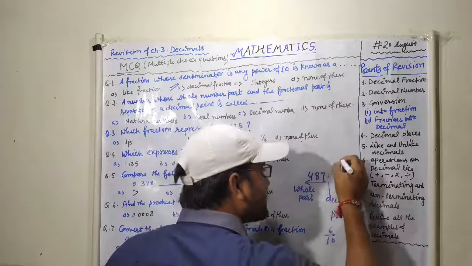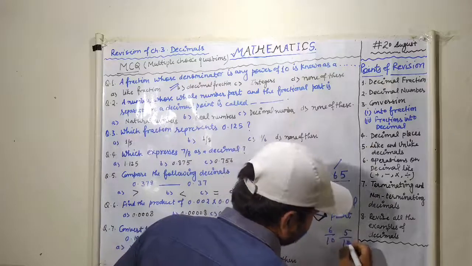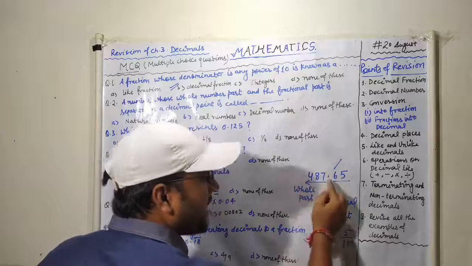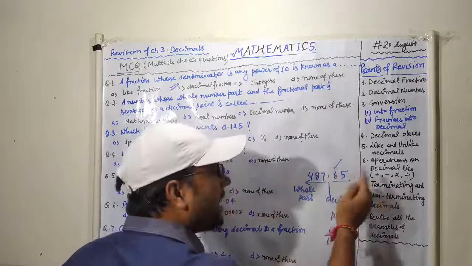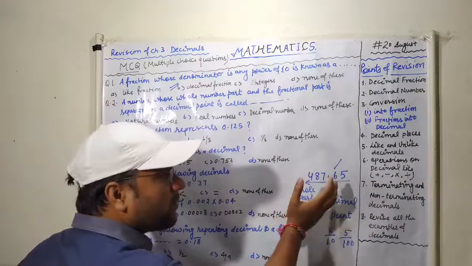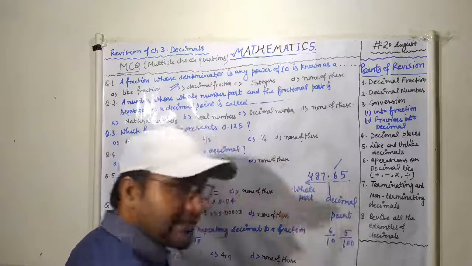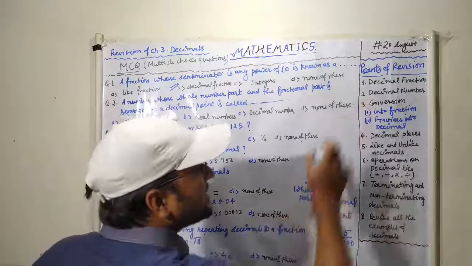This is known as tenths. This is known as hundredths, it is 5 upon 100. So before the decimal point it is ones, tens, hundreds, and after the decimal point it is tenths and hundredths. If any number is written in this form, whole number, decimal point and the fractional part, then that is known as a decimal number.